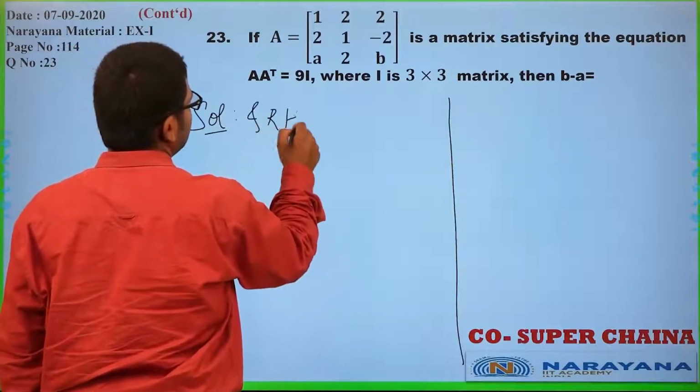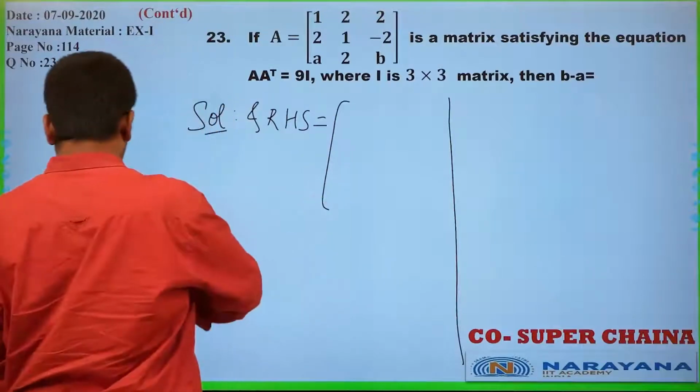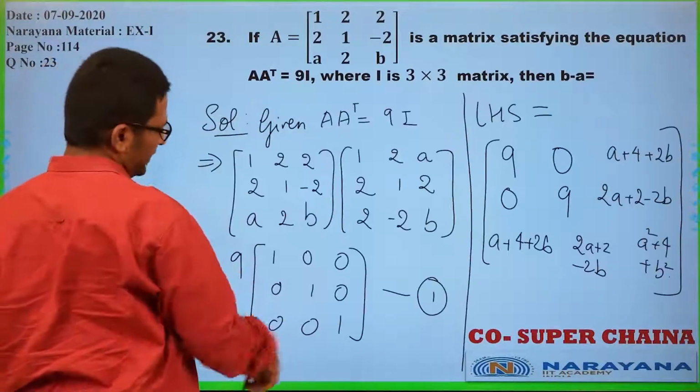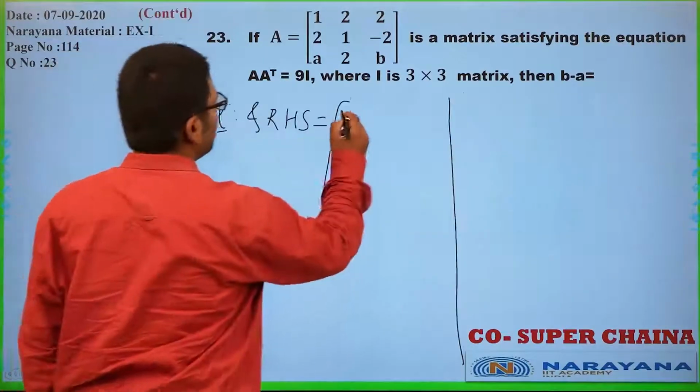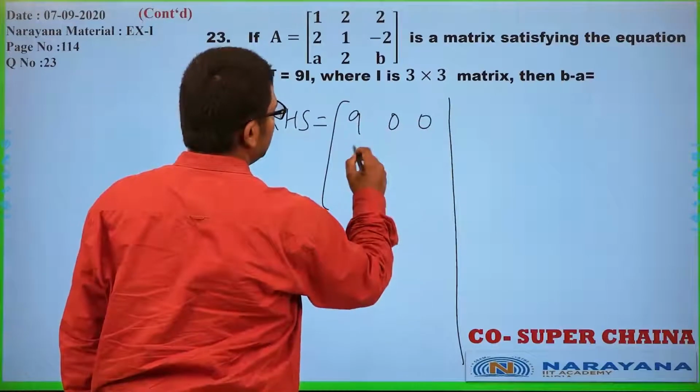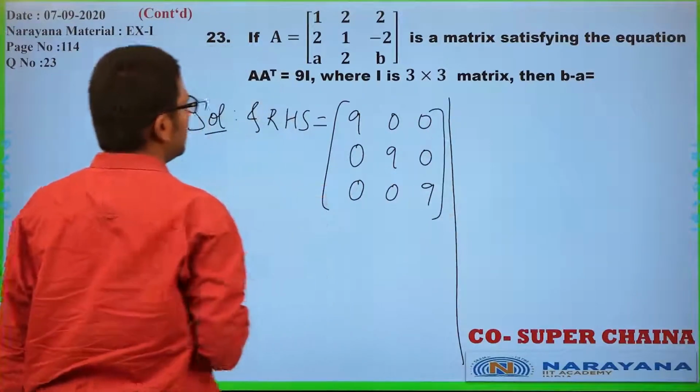and RHS would be just multiply 9 times I. So all the diagonal elements will become 9, correct? So that becomes [9, 0, 0; 0, 9, 0; 0, 0, 9], right?